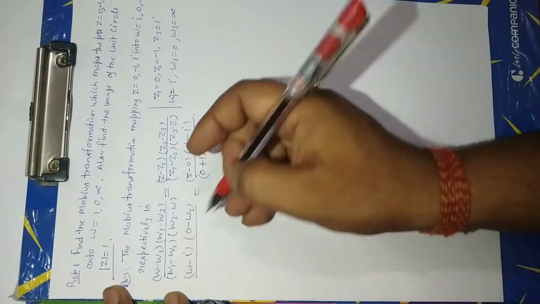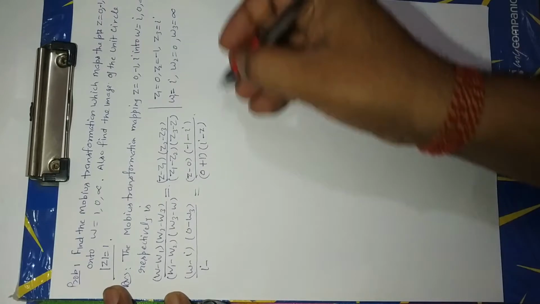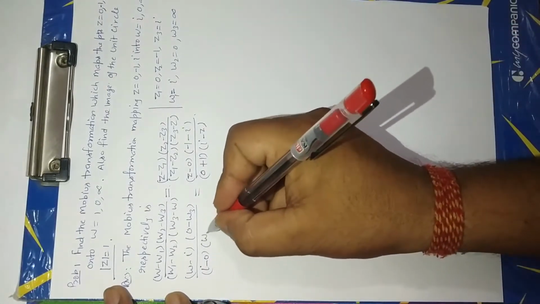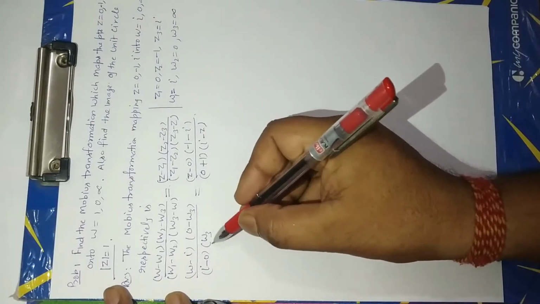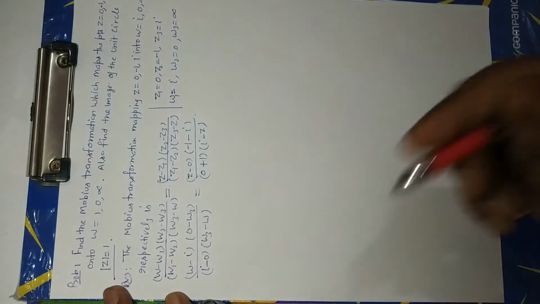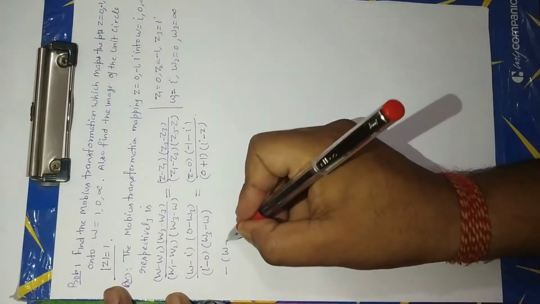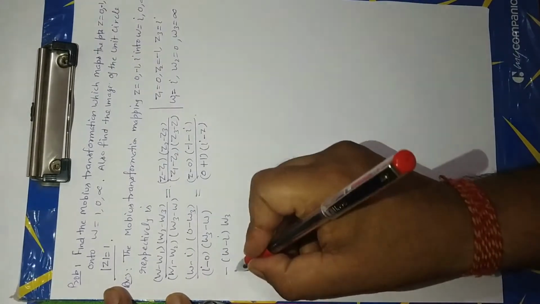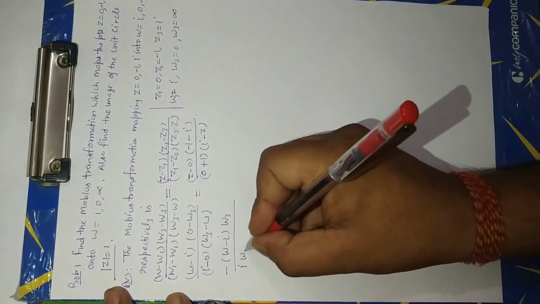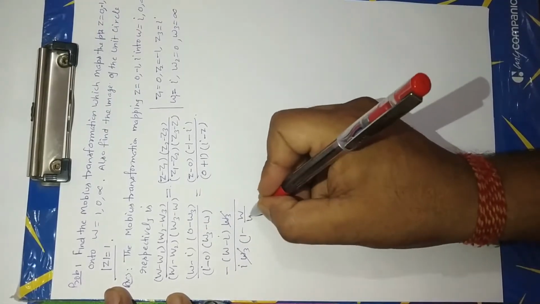Now w1 i minus w2 0, w3 minus w. Taking w3 common, w3 cancels by w3, 1 minus w upon w3.